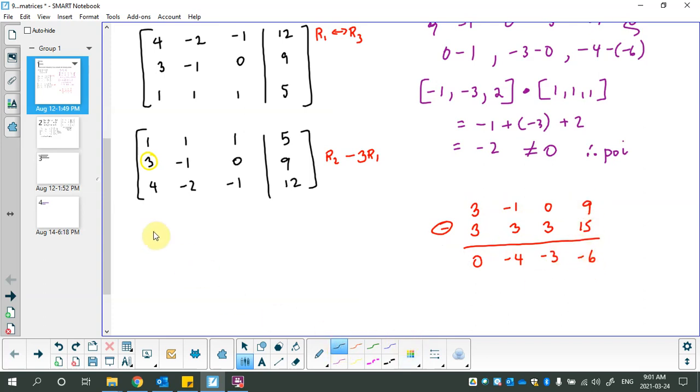And I will keep my row 1, and replace my row 2, because that's where I wrote the instruction, beside row 2.